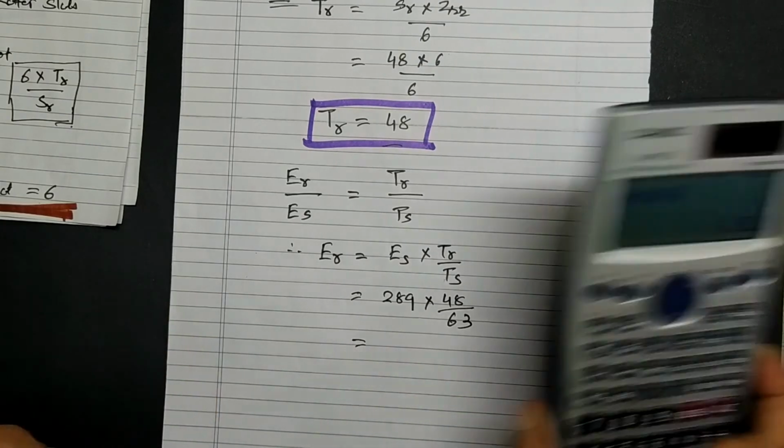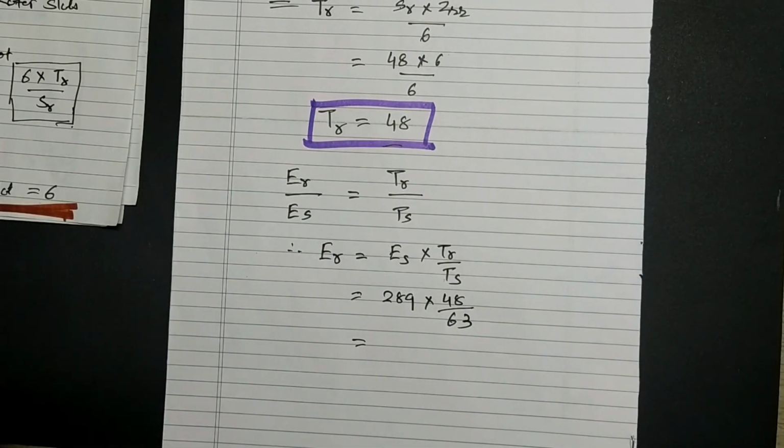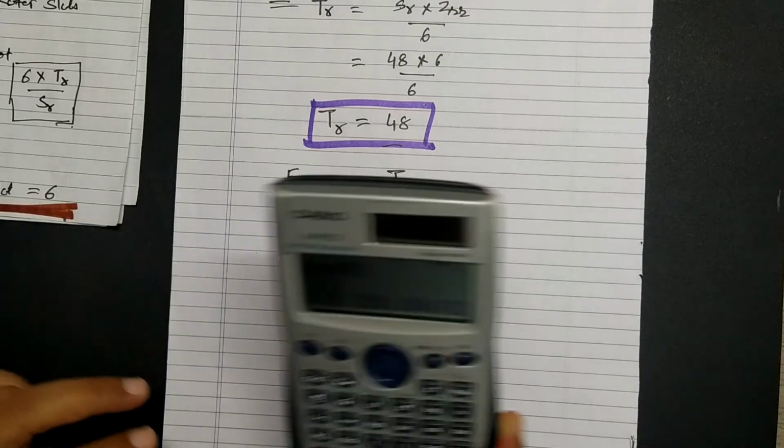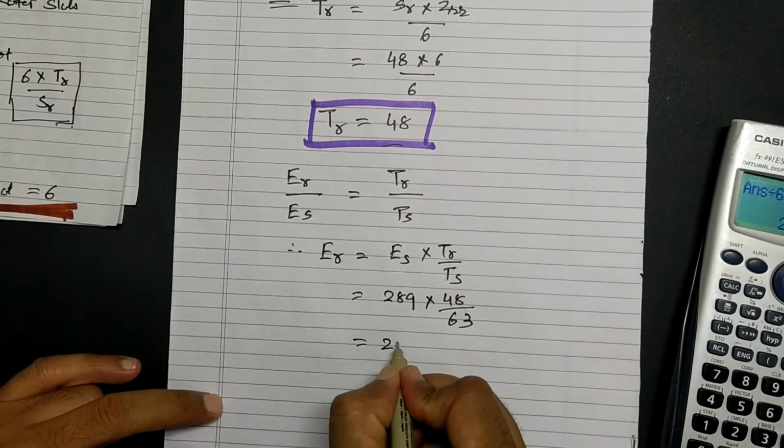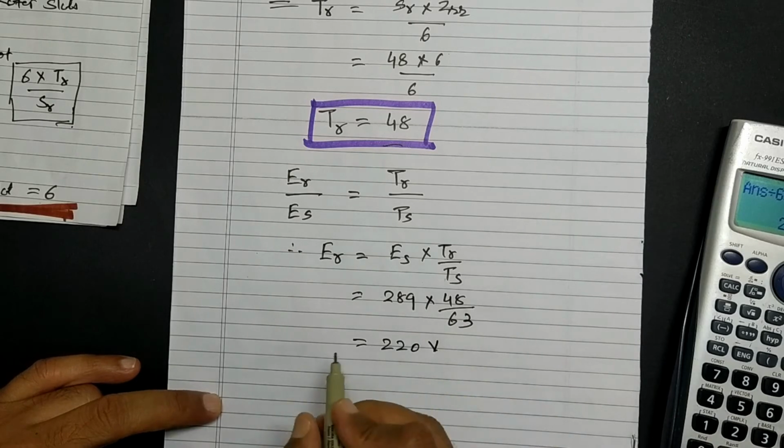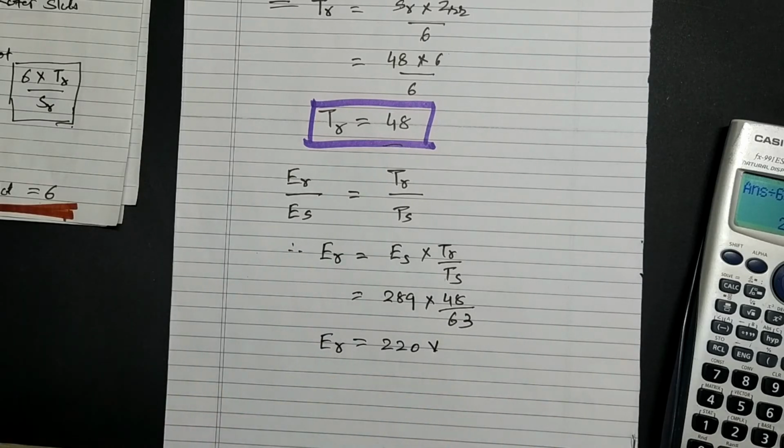So it comes to 220 volt. This is the actual rotor voltage per phase.